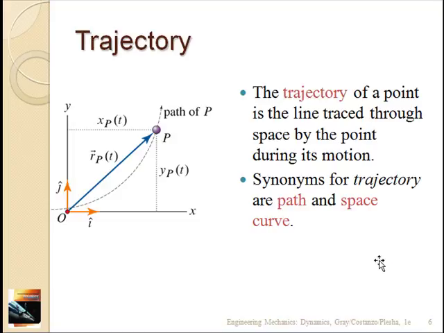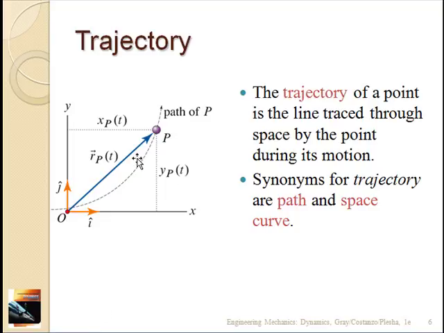Then we'll talk about trajectories. The trajectory of a point is the line traced through space point by point. It's sort of like if the particle leaves a trail as it moves, then that would mark out the trajectory. The position vector is a straight line from the origin to the particle, but the trajectory is the path it takes to get there.